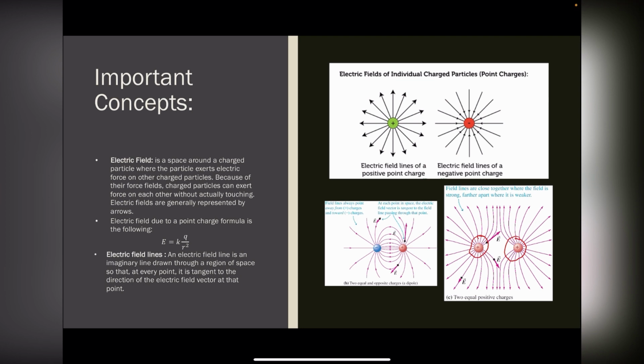But let's say here, the electric field lines go from positive to negative because there is a force of attraction.